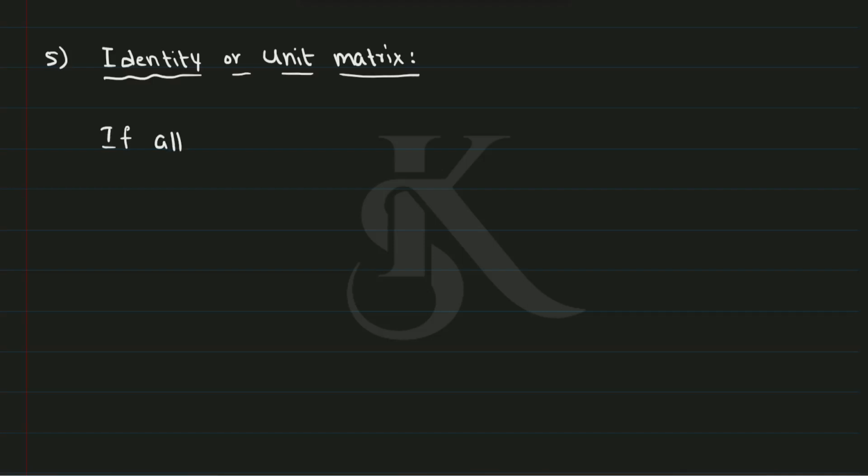Just like a scalar matrix, but 1 is used here. Because if we use 1, then it becomes the identity or unit matrix. If 1 is in the diagonal and the remaining elements are 0, then it is called a unit matrix.